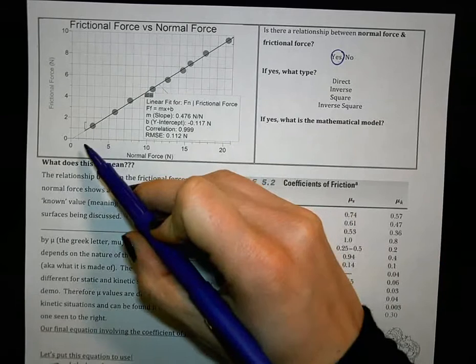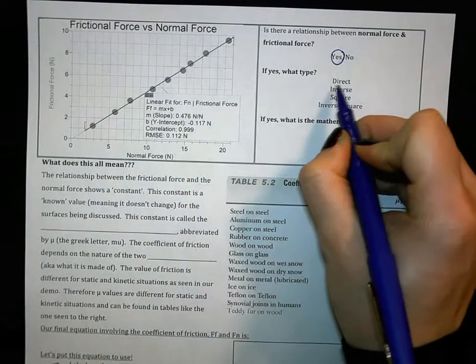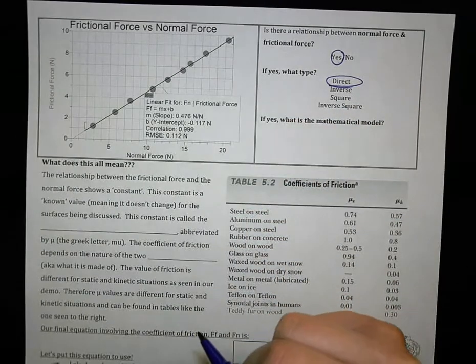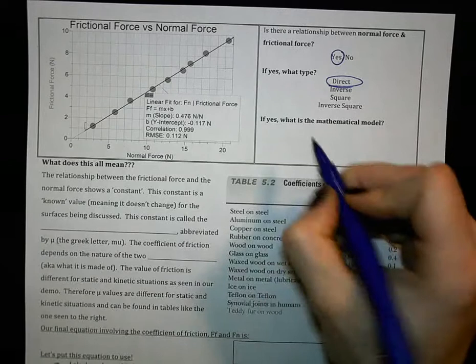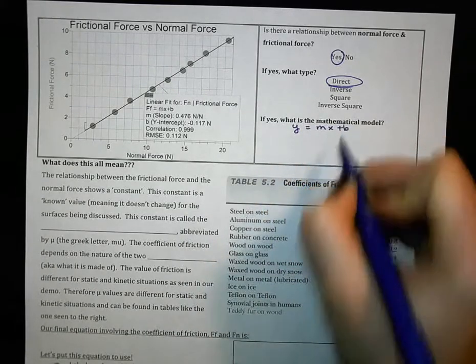The type, since as one increases, the other increases, and it's a nice straight line or linear, that is our direct relationship. Our mathematical model that we're trying to find is going to be to fill in that y equals mx plus b.